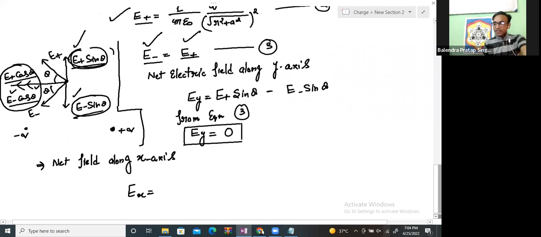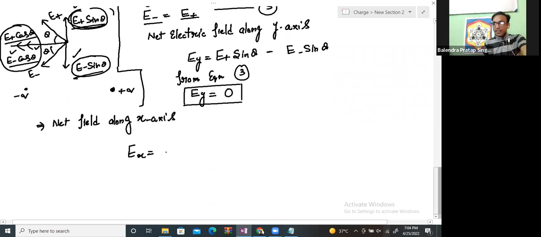So Ex is equal to E minus cos theta, the electric field due to the minus charge, plus the horizontal component of the electric field due to the plus charge, which is E plus cos theta.